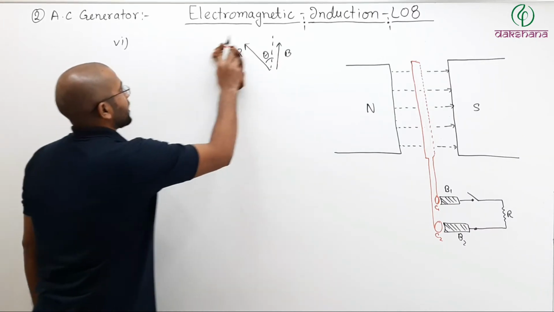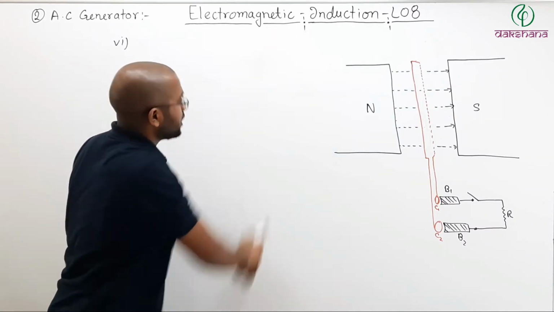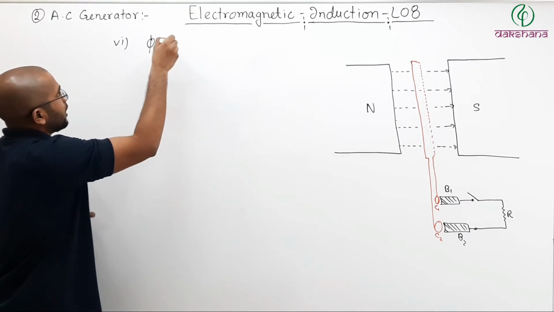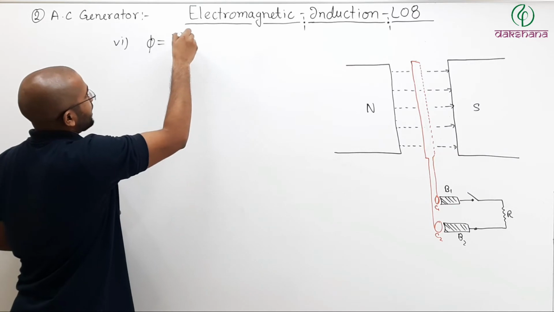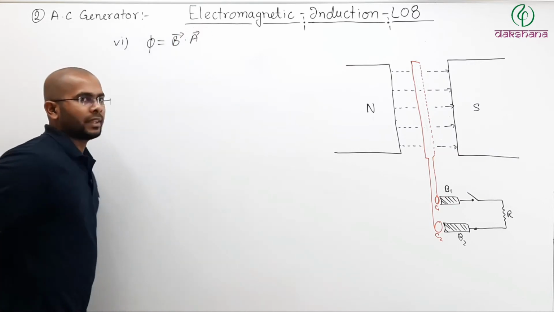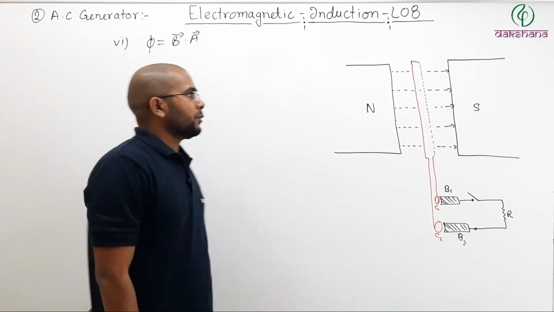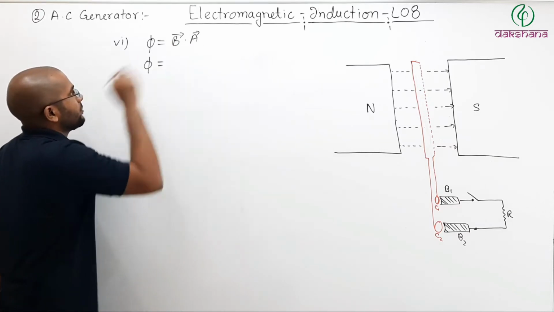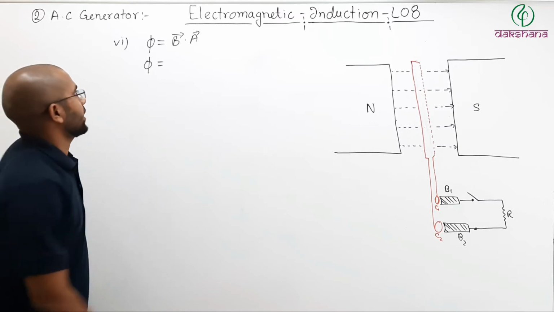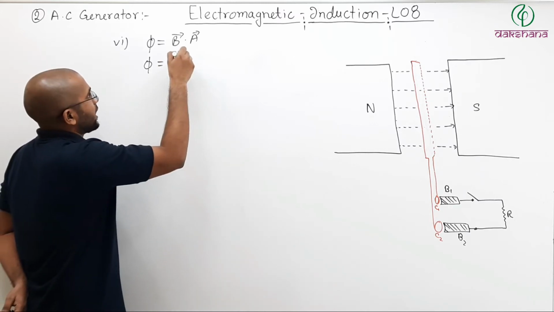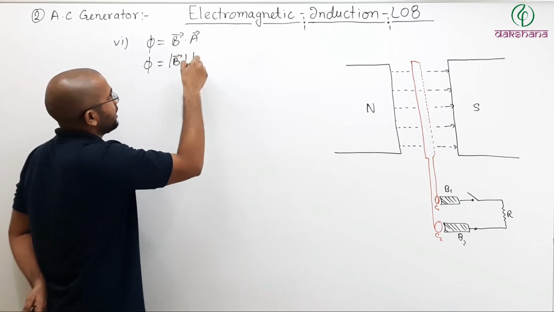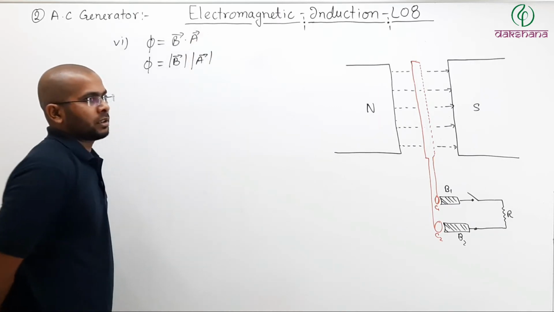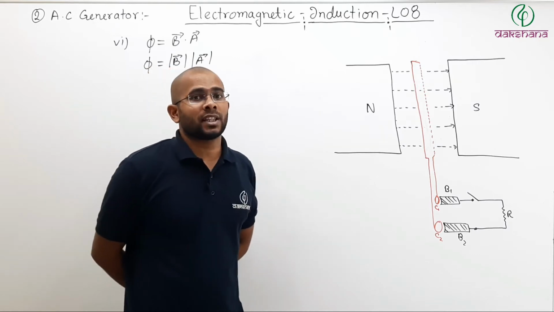So let us try to write what is the flux through the coil. We have already seen that the flux through the coil may be written as B dot A. Now, if I want to write the magnitude of this value, I can write the mod of the field vector, mod of the area vector, and the dot product is cos theta.